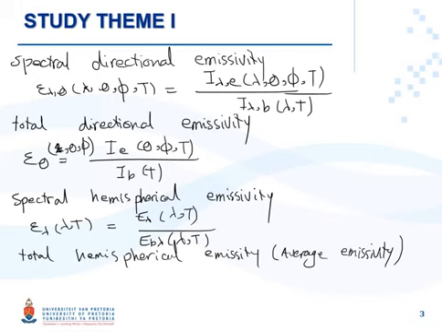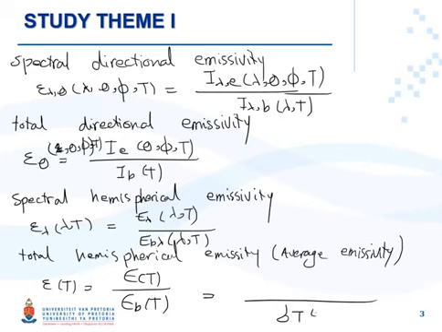And total hemispherical emissivity or average emissivity is just a function of T, so E(T) divided by Eb(T), which is equal to 1 over sigma T to the power 4, integral 0 to infinity, epsilon lambda (lambda, T) Eb lambda (lambda, T) d lambda.